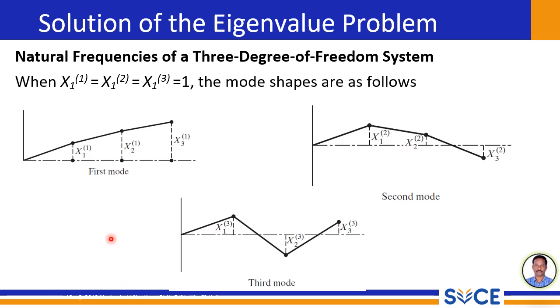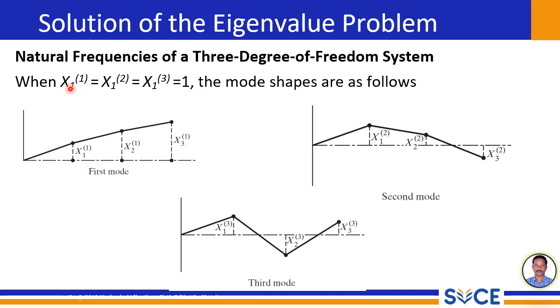This slide concludes the solution to the problem of finding natural frequencies and mode shapes of the given 3 degree of freedom system. We have successfully determined the 3 natural frequencies and their corresponding mode shapes. Let's examine these modes and understand their significance.